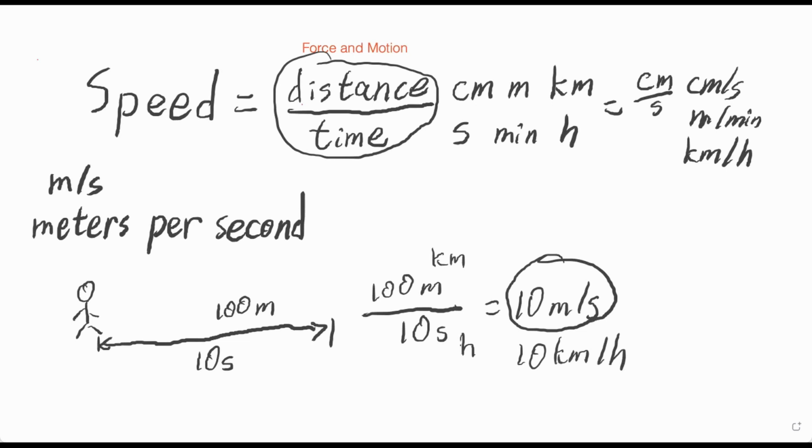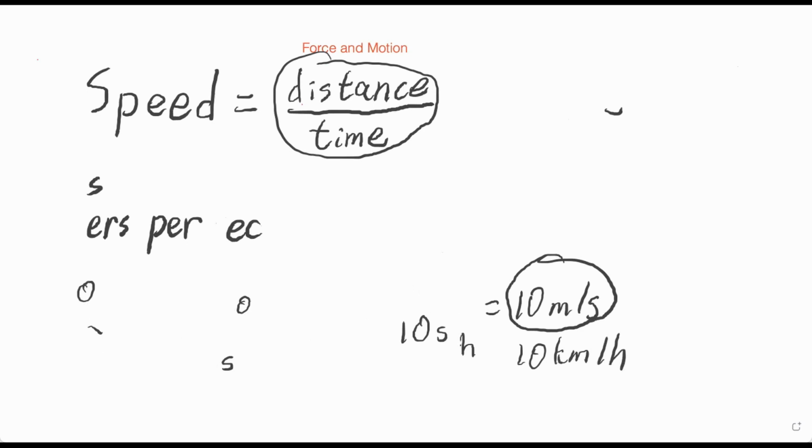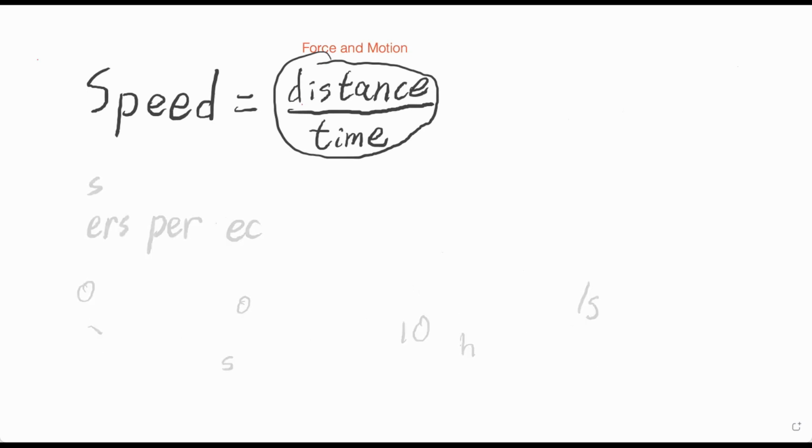So as you can see from this definition, the speed of an object is very much dependent on the distance that the object is traveling and the time that it is traveling. Let's say again the same example of a runner trying to cover the distance of 100 meters.